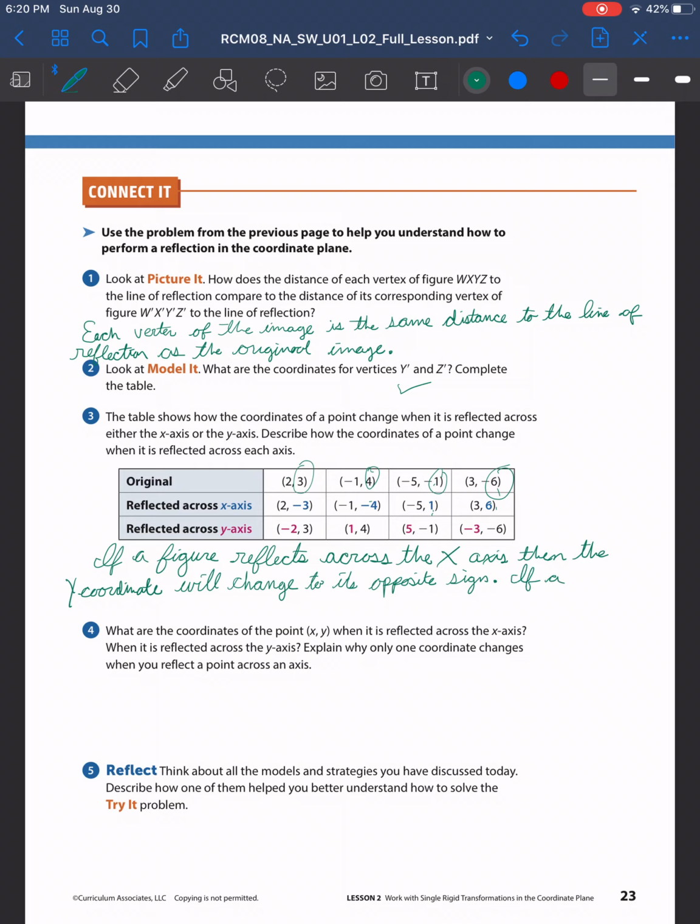If a figure reflects across the y-axis, then the x-coordinate will change to its opposite sign.